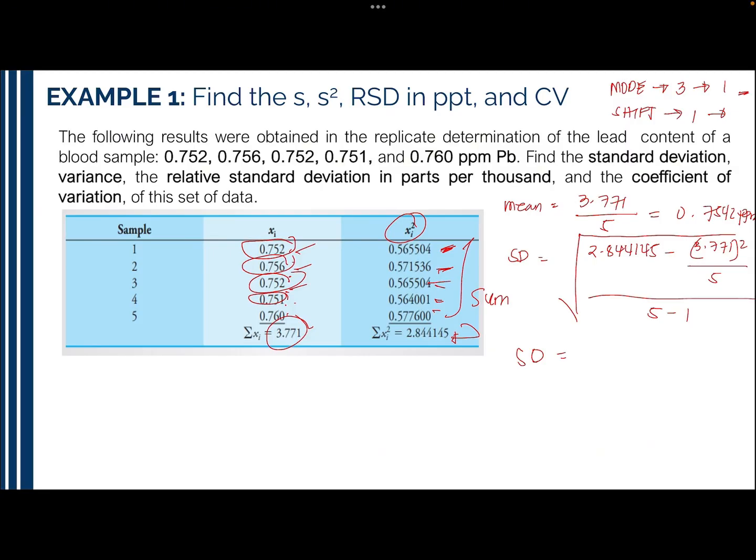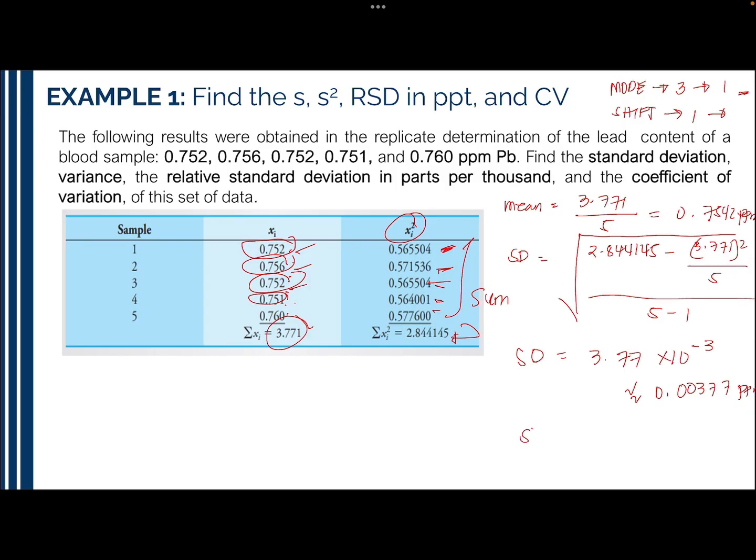So SD now, if you use your calculator, is 3.77 times 10 to the negative 3, or 0.00377 ppm.